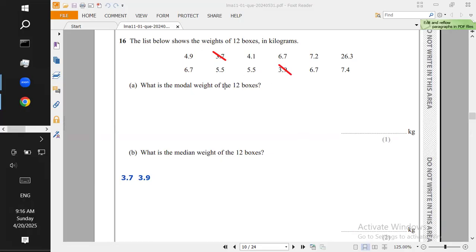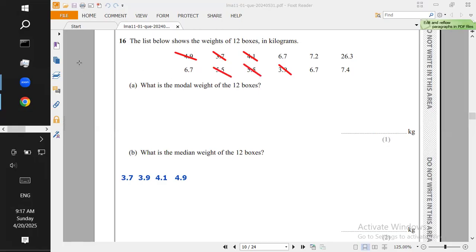After this, what do we have? We have 4.1 here. So we write it in the list, 4.1. And then we have 4.9. As we said, take the ones that you use so you don't get confused, 4.1 and 4.9. And after this, we have the 5s, so 5.5 and 5.5.